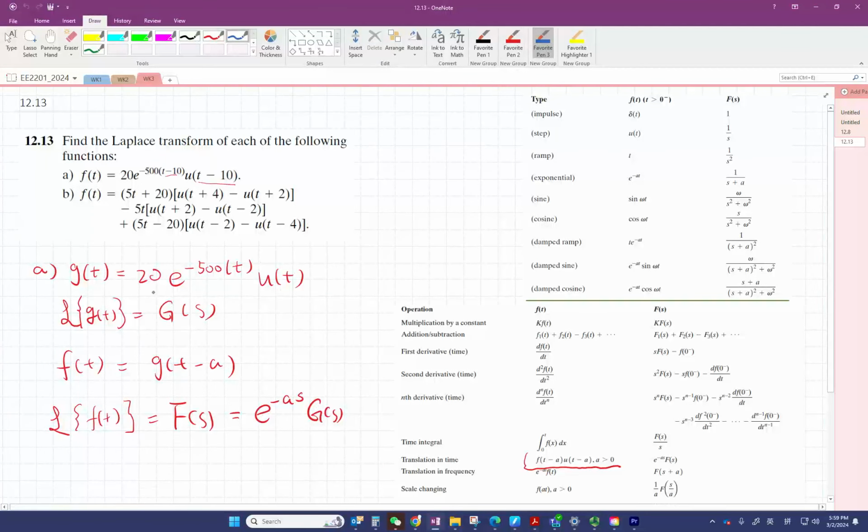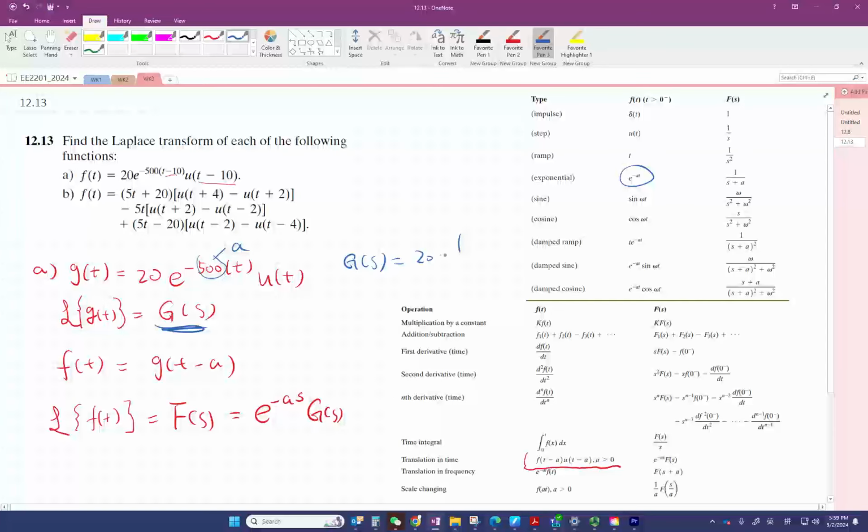Okay, first let's focus on this. What is G(s)? Then we're going to use this equation, right? In this case, the exponent is negative 500, so a is positive 500. So capital G(s) equals 20 multiplied by 1 over s plus 500. That's G(s).